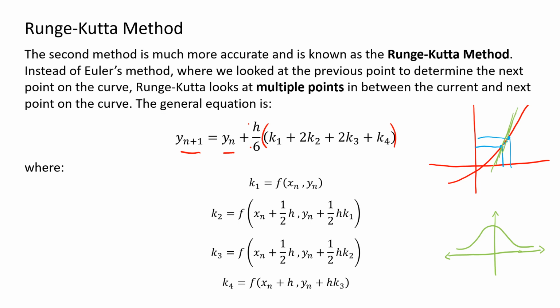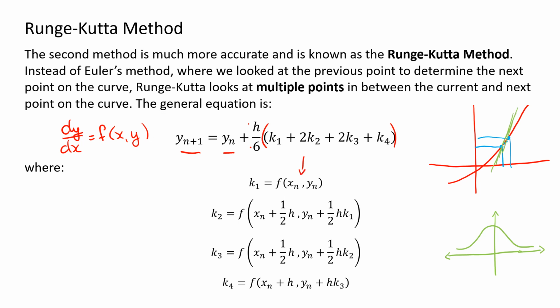K1 plus 2 times K2, plus 2 times K3, and plus K4. And each of these can be solved by taking our function. Remember, we started with our equation dy by dx is f at x and y. So each of these values of k has to be found in order from K1 to K4 by substituting in specific values for x and y.